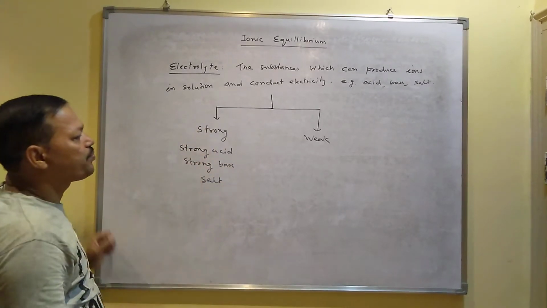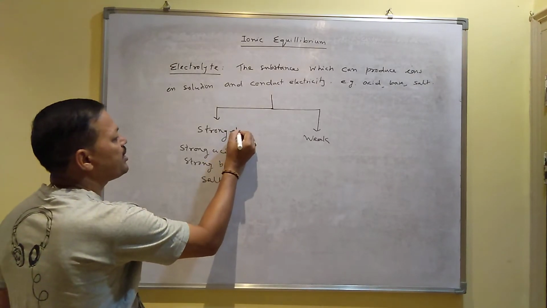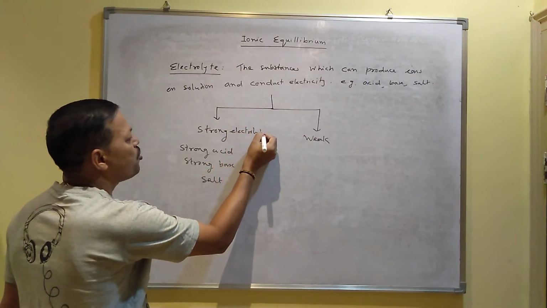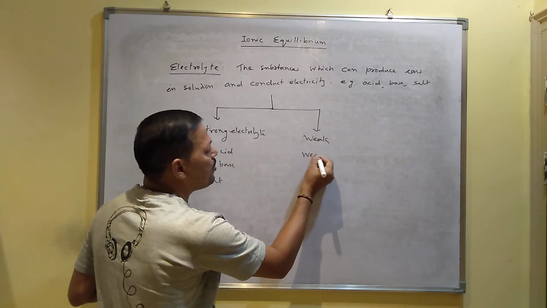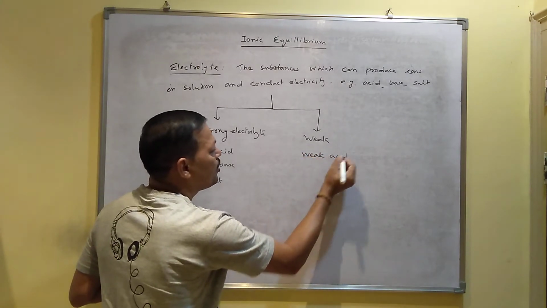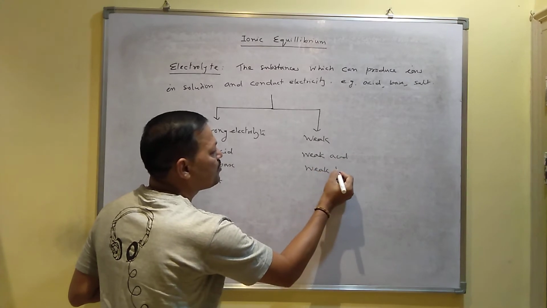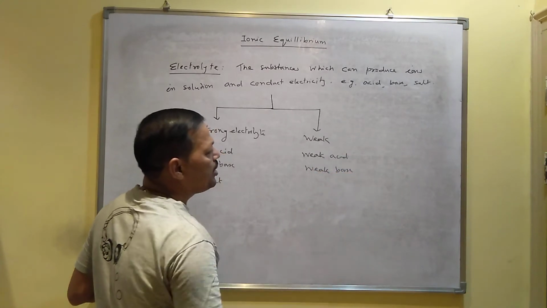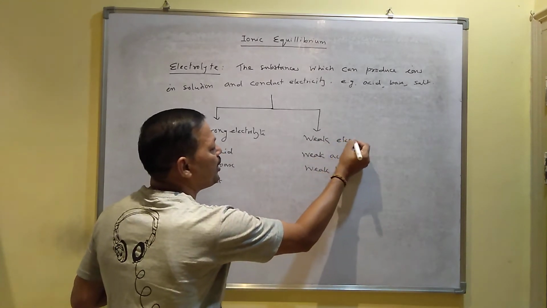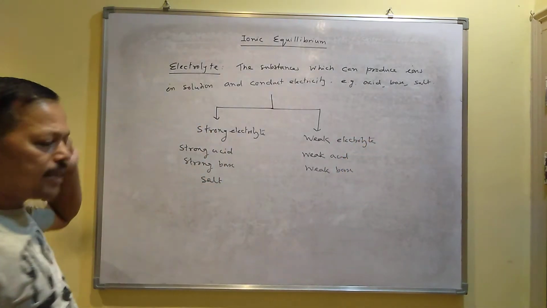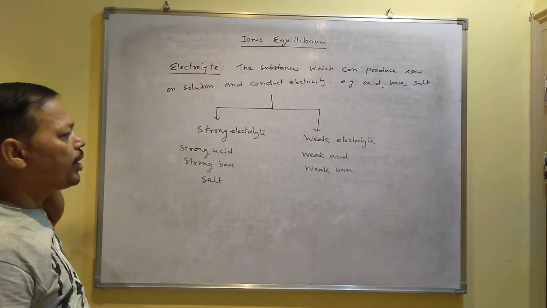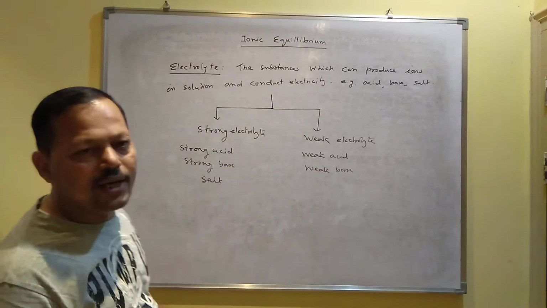These are examples of strong electrolytes. And for weak electrolytes, you can consider some weak acids and weak bases. These will act as weak electrolytes.